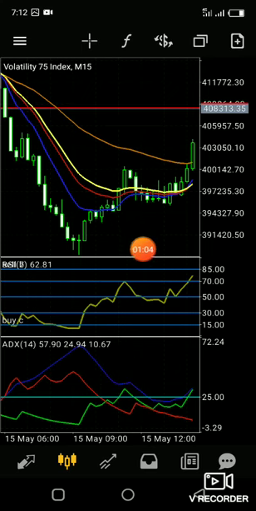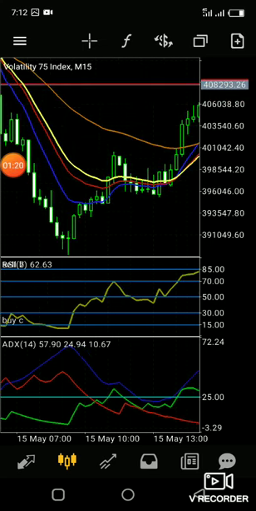So we're going to be using these three indicators: our moving average, our RSI, and our ADX. Now, this is a crossover strategy that one can use, if only you follow the criteria. This can fetch you a good sum of money from trading.